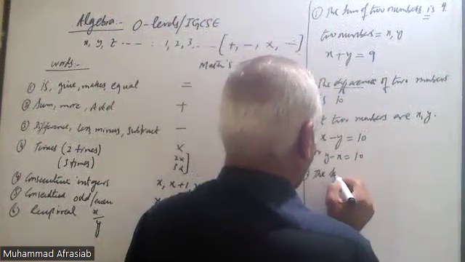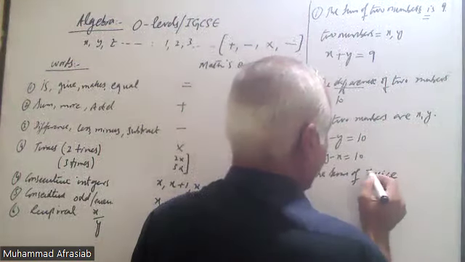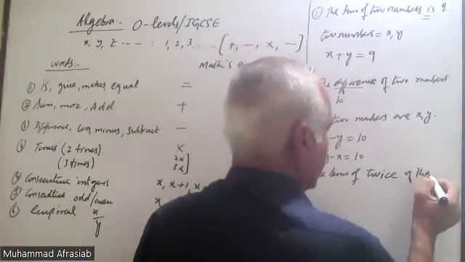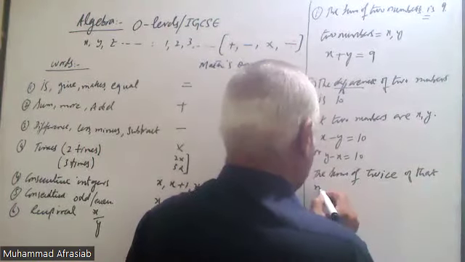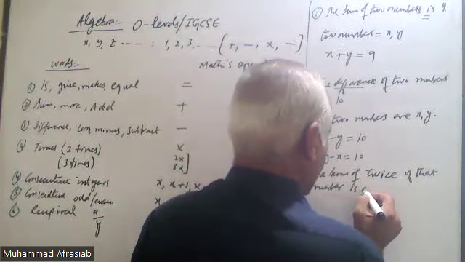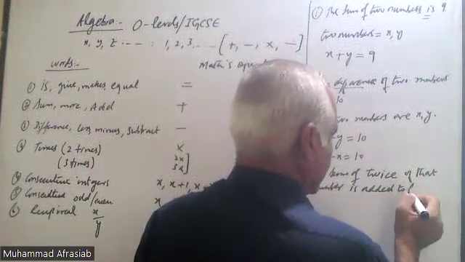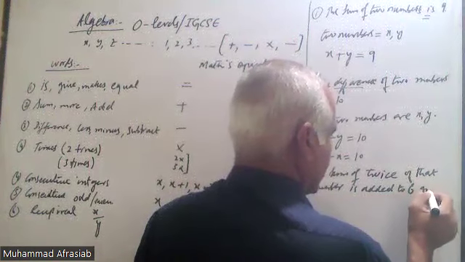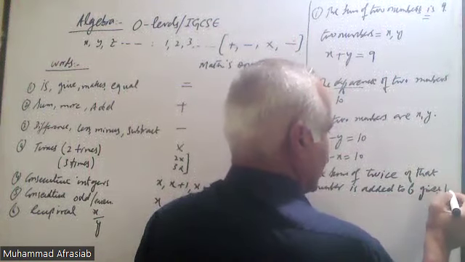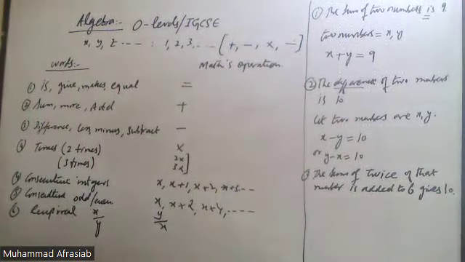Third, the sum of twice that number added to 6 gives 10. Let's say this is the statement given to you. First of all, we know the twice of that number.